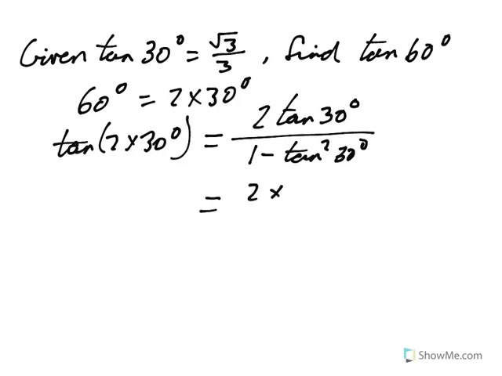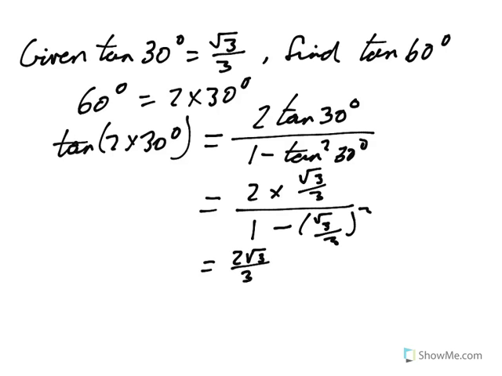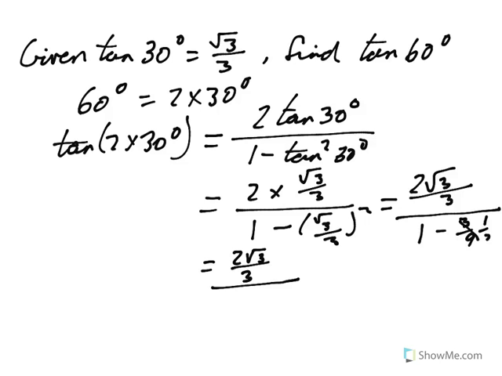So we've got 2 times root 3 on 3 over 1 minus root 3 on 3 squared, is 2 root 3 on 3 over, which I'll do up here because I'm running out of space, 1 minus 3 on 9, which of course is 1/3.